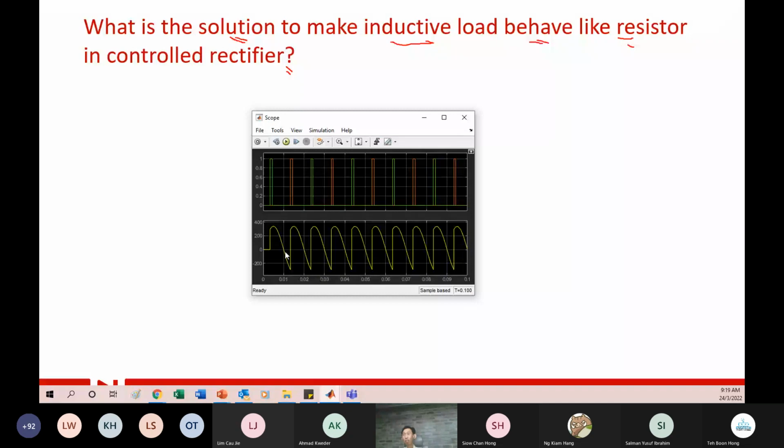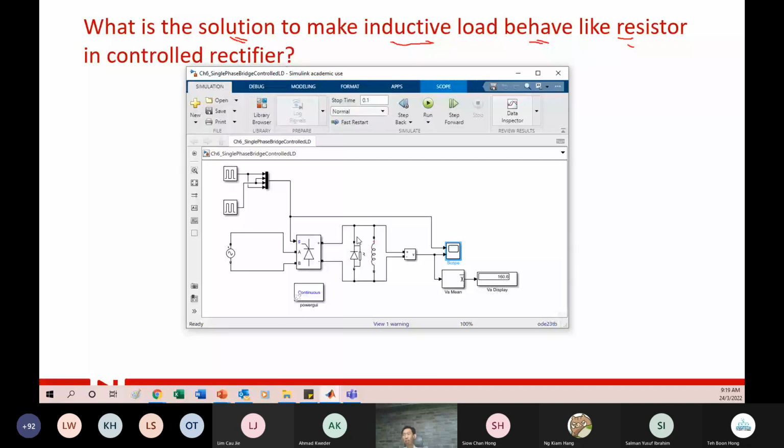So in order to solve this problem, we use the flywheel diode. What the flywheel diode does is you just add a diode in parallel with this load. That's all you need, and then you run.